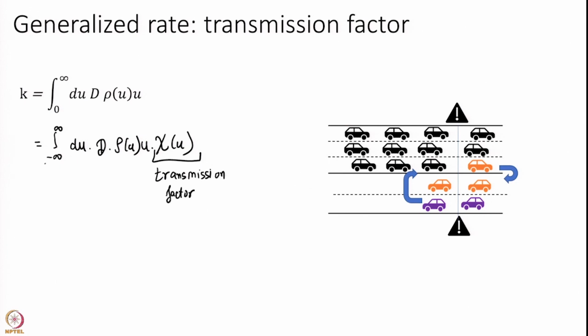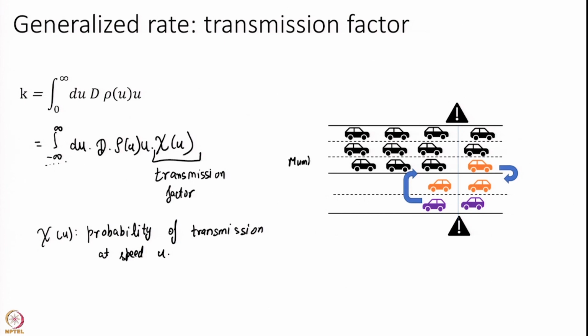Note now I have changed the integral from minus infinity to plus infinity. I am saying okay, let us look at all speeds, and at that given speed chi of u tells me the probability of transmission at speed u.